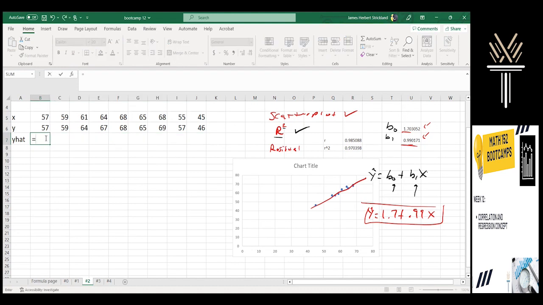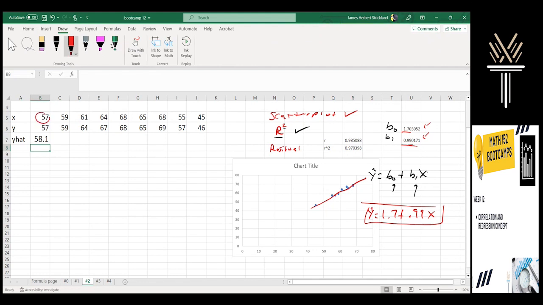We would have equals 1.7 plus 0.99. I did plus because the 0.99 is positive, times my x. And so what this is predicting is that if we know this input, our answer should be about 58.